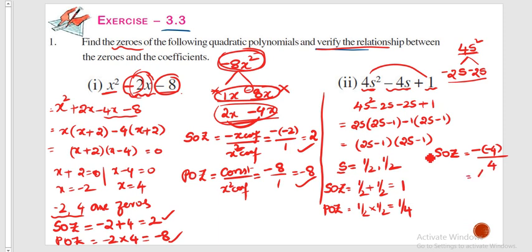Minus of minus 4 is nothing but 4, and 4 divided by 4 is nothing but 1. So we got both the values as same, right? Next, coming to product of zeros. Product of zeros is nothing but constant by s square coefficient. What is the constant here? 1, by s square coefficient, which is 4. In both the situations we got the same answer, right? So this is about product of zeros and sum of zeros and verification of them, right?